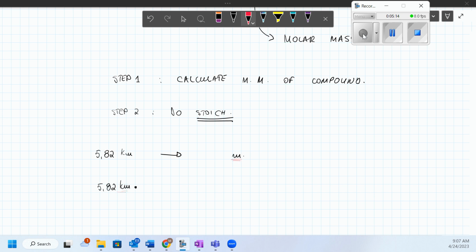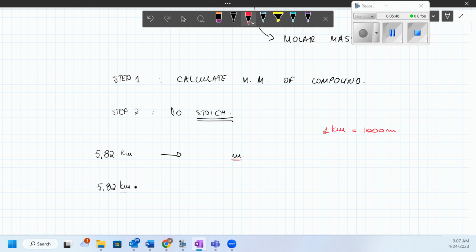What we know from the units in our data booklet is that 1 kilometer is equal to 1,000 meters. This is the same as saying that if I have 1 kilometer, then I have 1,000 meters, or if I have 1,000 meters, then I have 1 kilometer.